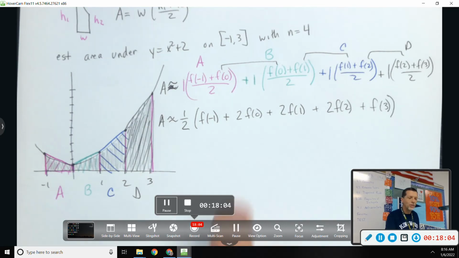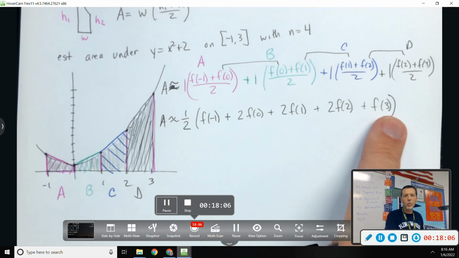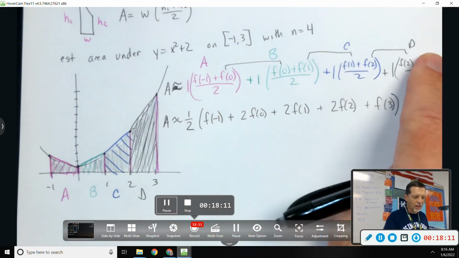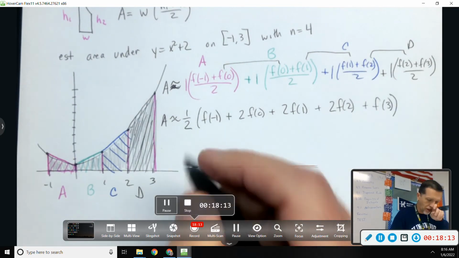Now, again, you look in books, they jump to this spot, and you're like, where did that come from? Don't worry about memorizing that. Worry about starting here, where all you're doing is adding trapezoids together.